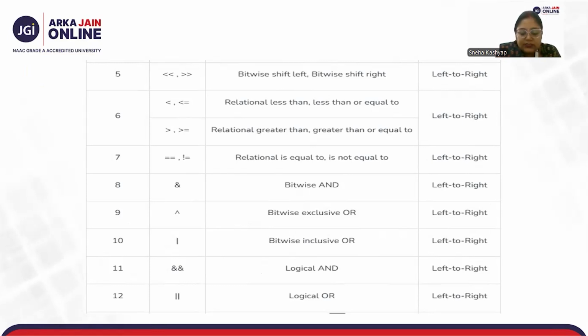So logical OR shares the precedence value of 12 and has an associativity from left to right. So in this slide, you can see that all the precedence values from 5 to 12 share the associativity from left to right. If you find this in any type of simplification question, you will first go based on the order. So the one with the highest order will be solved first and the one with the least order will be solved last.